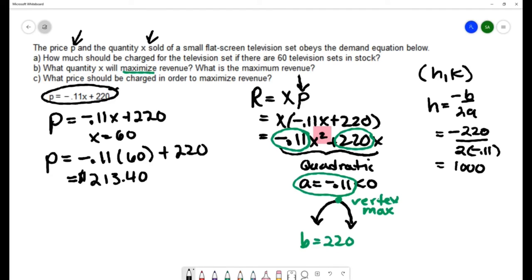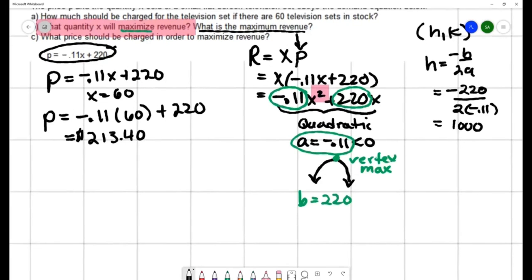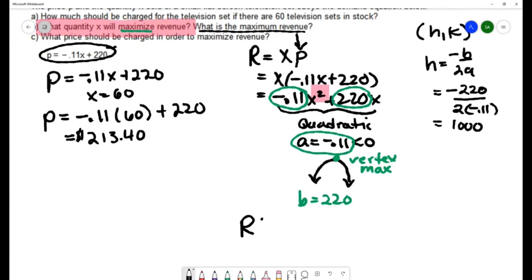So this is going to answer the first question on part B, what quantity will maximize the revenue? So 1,000 television sets will maximize the revenue, and we also want to know what is that revenue. So to answer that question, we want to substitute 1,000 into the revenue function. That's negative 0.11 times 1,000 squared plus 220 times 1,000.